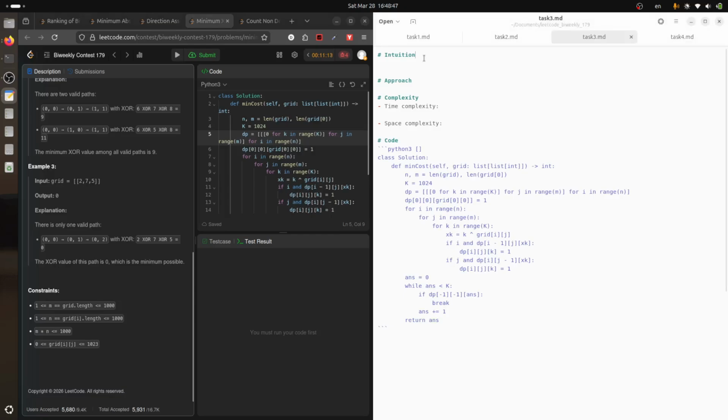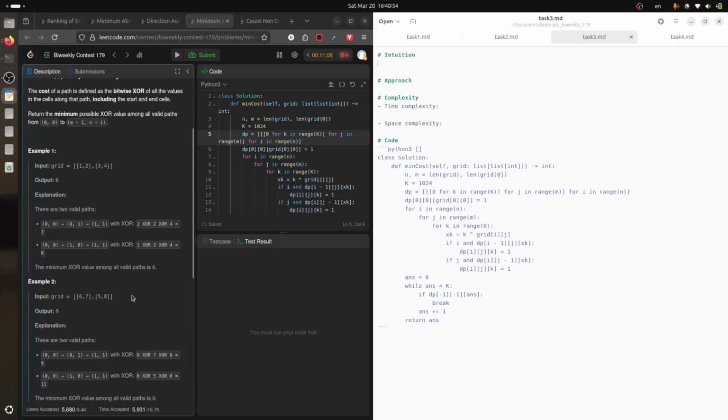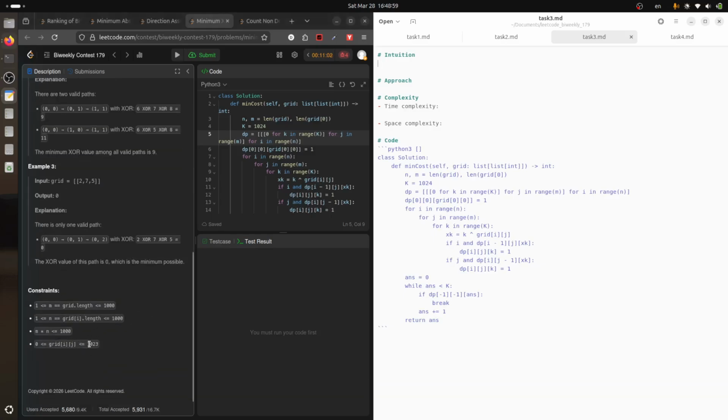And now what that means for us is that the XOR along any path in any cell can be at most 1024, or even less, because XOR will not create a larger number than it's possible to XOR. We will not get anything large if we XOR any two numbers smaller than 1024, because all larger bits will be set to 0 and XOR of two zeros is still 0.